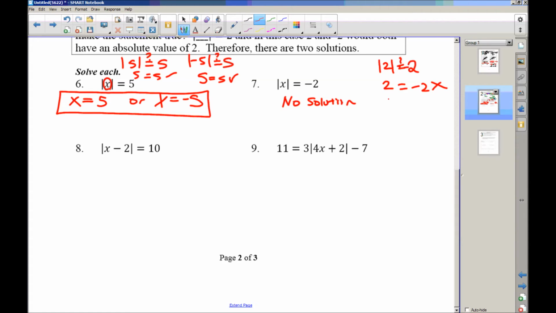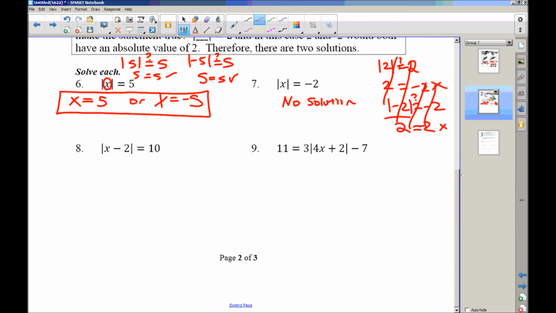Or if I said, well, maybe it was -2, so I'll replace x with -2. This could work out, but oh wait, no, the absolute value of -2 is +2. And +2 and -2 are not equal, so that doesn't check. No matter what number you pick, the absolute value of it could never be negative. Because remember, absolute value takes positive numbers or non-negative numbers and leaves them the same, and takes negative numbers and makes them positive.